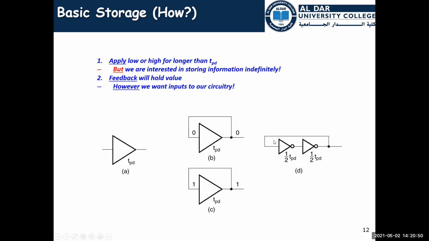This is not good. We want to make sure that if the output is 0, it will be kept at 0 forever. So if we have 0, it comes back here, is inverted to 1, then inverted to 0 again, so it will be 0.